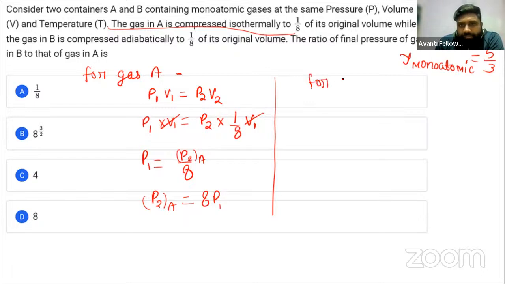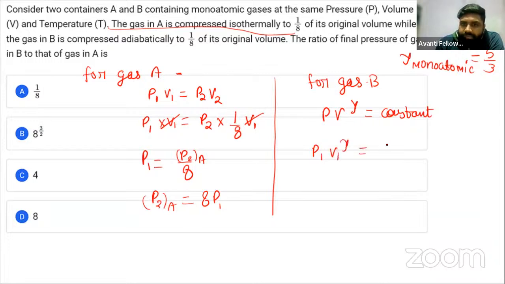Now for gas B, this process is adiabatic, so PV raised to the power gamma is constant. So P1 V1 raised to the power gamma equals P2 V2 raised to the power gamma. Now P1 is P1 and V1 is V1 because initially A and B contain monoatomic gases at the same pressure, volume and temperature.